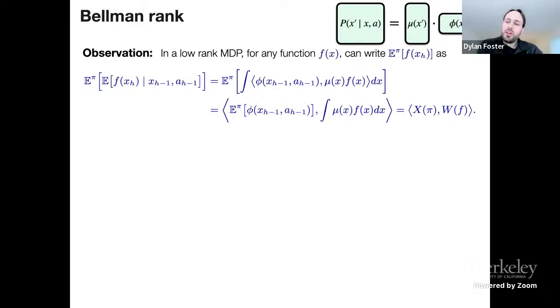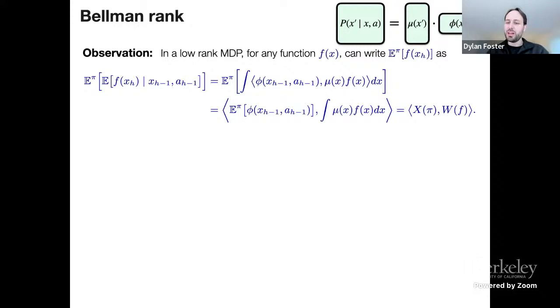What we can use the low rank MDP structure to show is that if I have some function f of x, and I have some policy pi, I can write the expected value of f of x_h for any h under policy pi, when I'm selecting my actions with pi, as the dot product of a vector x that depends on pi but not on the function f, and a vector w of f, which depends on the function f I'm looking at but not on the policy pi.